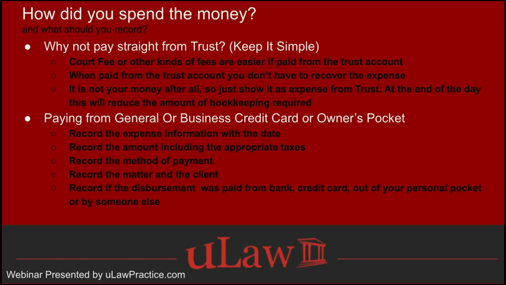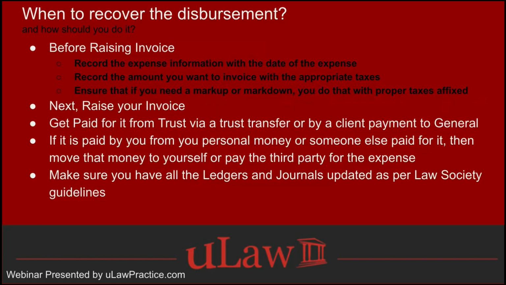Here you will determine which amount needs to be added into the invoice and what portion you're adding into the report expense part. This is where the markup plays a role, and you can certainly decide by using the appropriate tabs, as you progress, when to recover the disbursement.